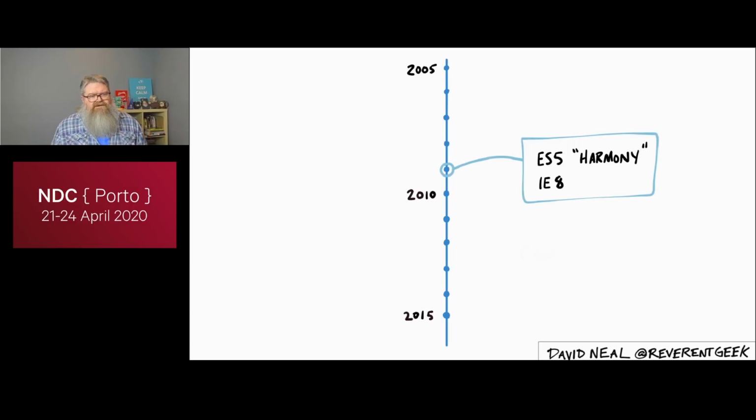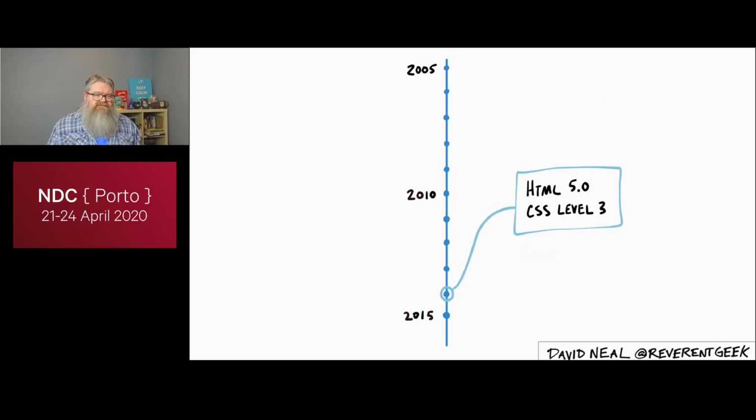And in 2009, we get the ES5 Harmony, and around this time, Internet Explorer 8 comes out. And just for reference, there is a 15-year gap between HTML 4.1, CSS2, and then the release of HTML5. But that's a whole nother story.